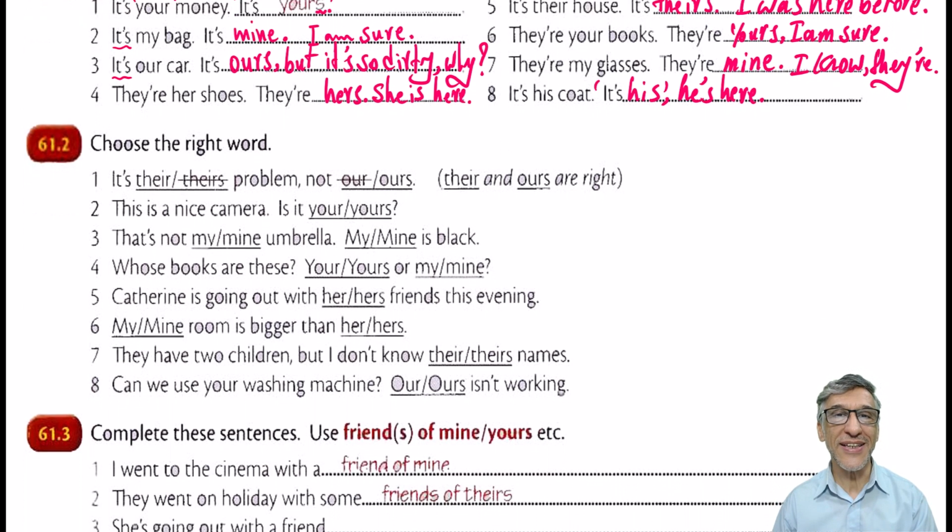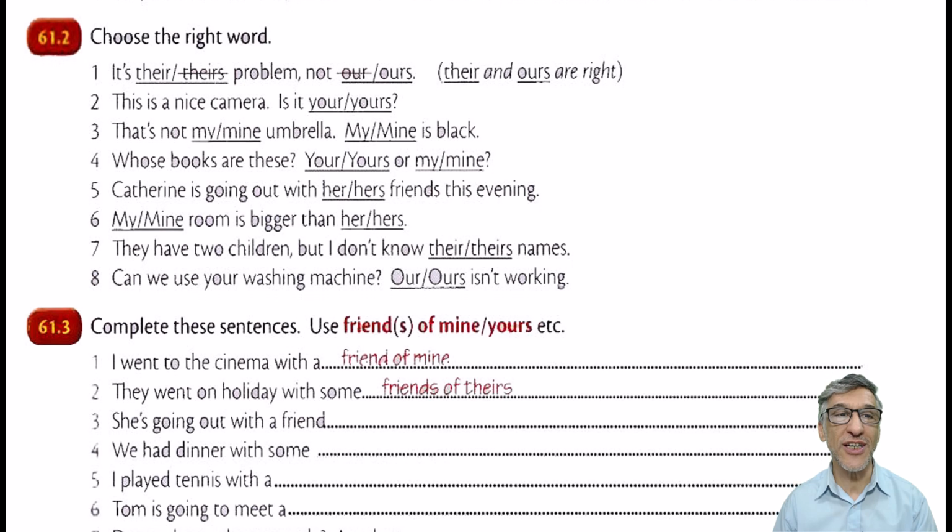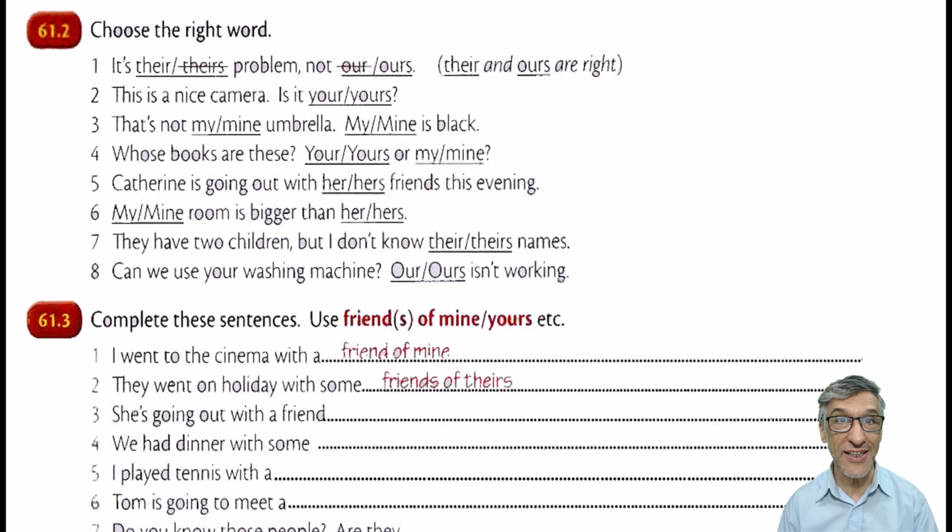Let's go to 61.2. This is very easy, but just use this chance to produce better sentences with the previous sessions. You remember? It is their problem. Yes. For the possessive adjective, we need a noun.